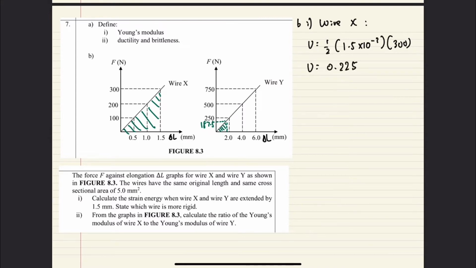Alright, as 0.23. Okay, the same question, but this time it is for wire Y. Again, you use the same formula, half times 1.5 times 10 to the negative 3, times 187.5, which is 3/4 from 250.